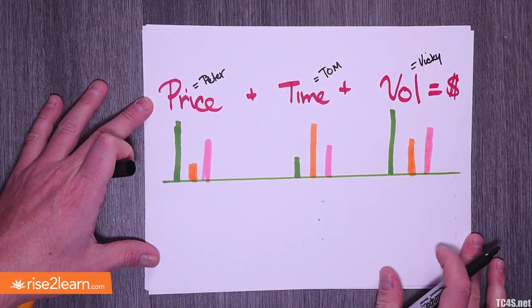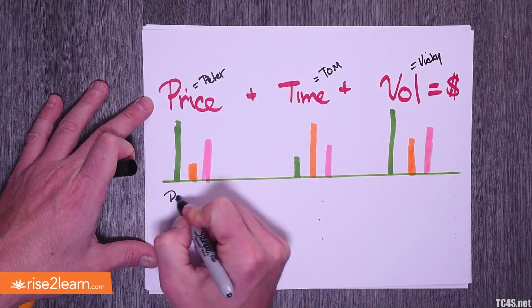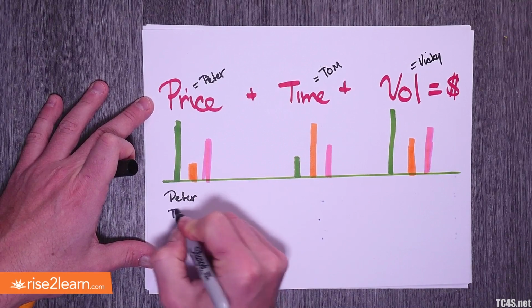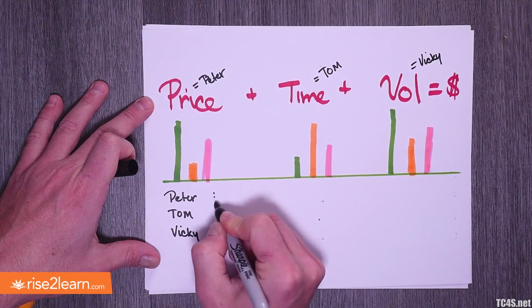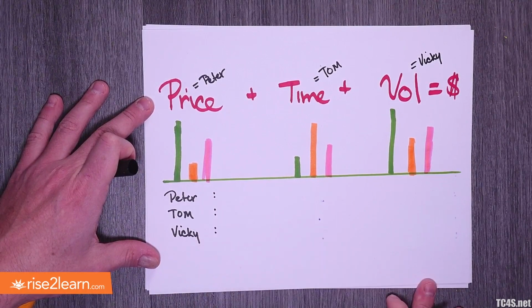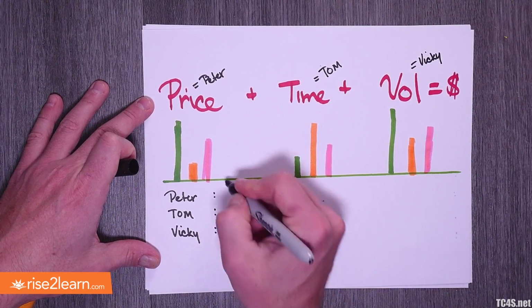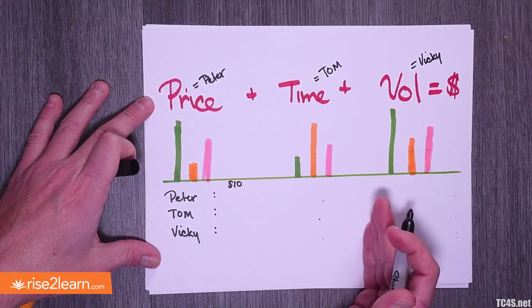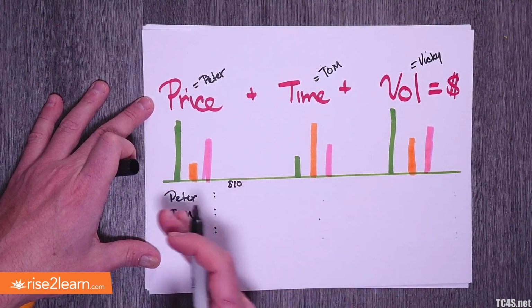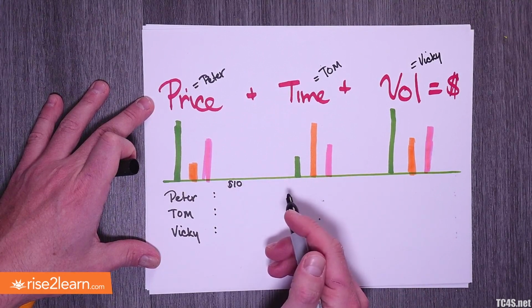If I got Peter, Tom, and Vicky in my business, and they all get paid the same, $10 an hour, and they all show up to work for the same amount of time and work just as hard.